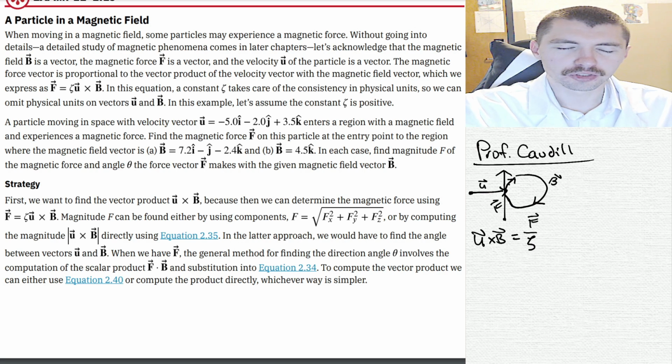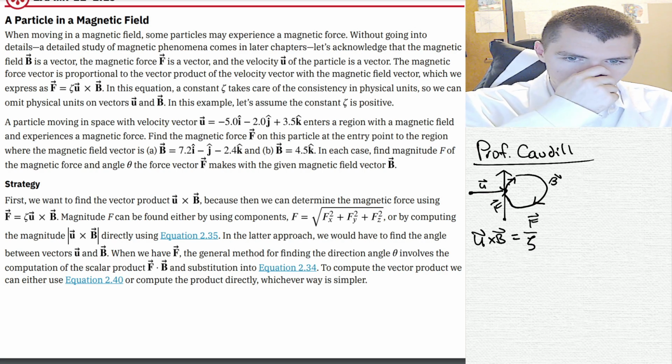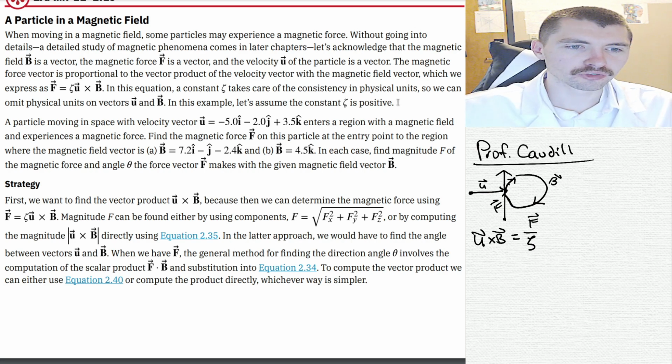So when you take the cross product of two vectors, you get another vector. So in the latter approach, we have to find the angle between U and B. When we know the force, the general method is to find the direction angle. To compute the vector product, you can use 2.4.